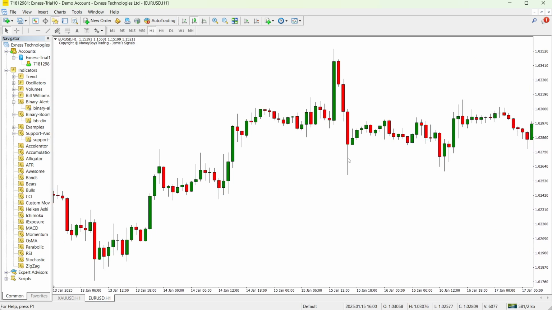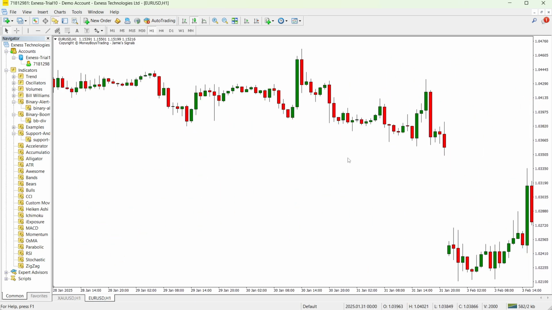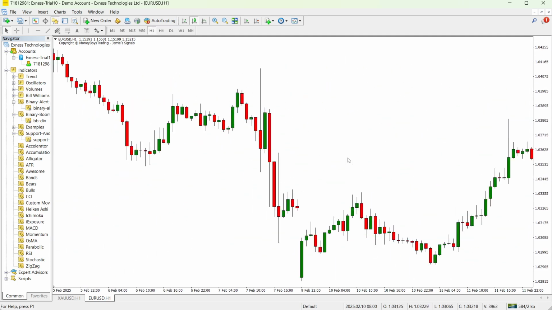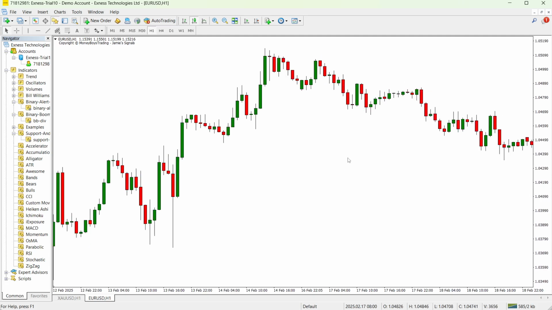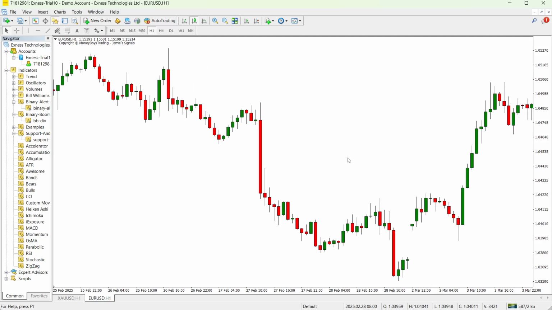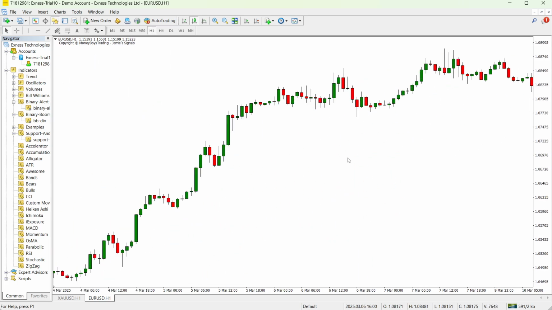Now let's consider what a Monte Carlo simulation means in trading. A Monte Carlo simulation is a way of stress testing a strategy by running it through lots of slightly different scenarios, randomizing things like trade order or outcomes to see the range of possible equity curves.